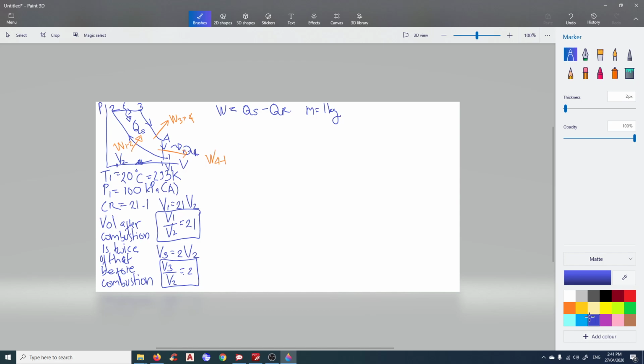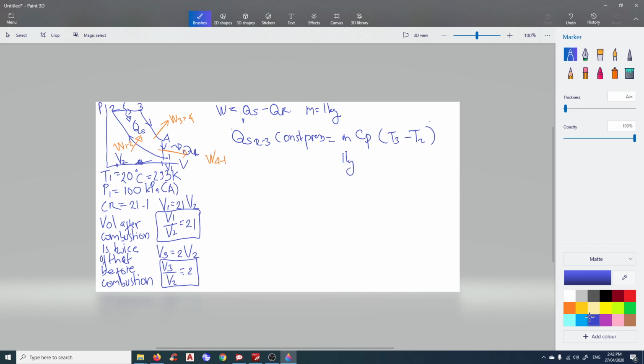Process 2 to 3 is constant pressure. So Q supply from 2 to 3 is constant pressure. If you look on your formula, equal to mCp T3 minus T2.